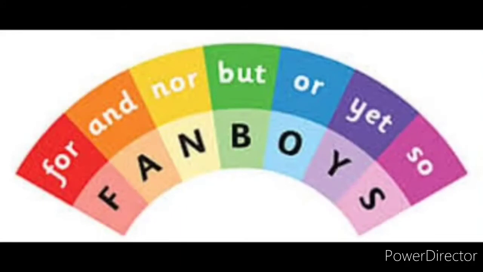F for for, A for and, N for nor, B for but, O for or, Y for yet, and at last S for so. Together it is FANBOYS. So for the coordinating conjunctions it is FANBOYS. Yes, now it is easy, children, to remember all the coordinating conjunctions together. Yes, coordinating conjunction means immediately you can recall it as FANBOYS.